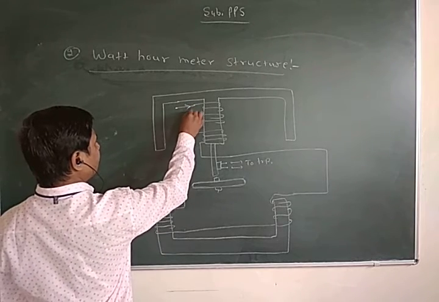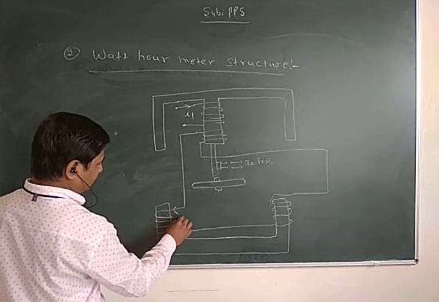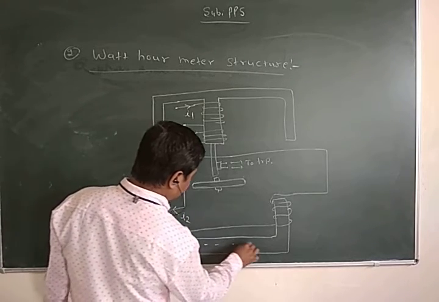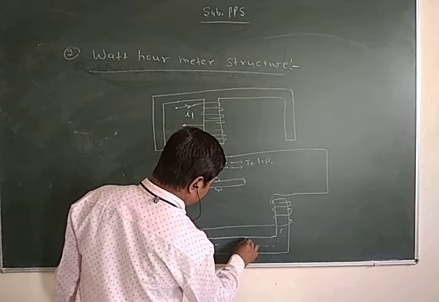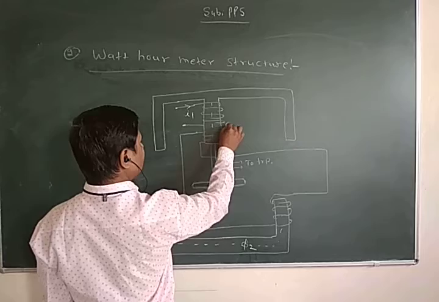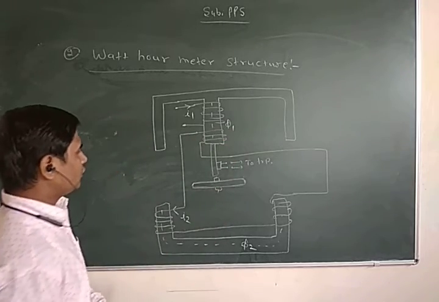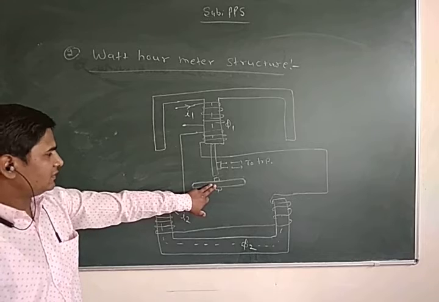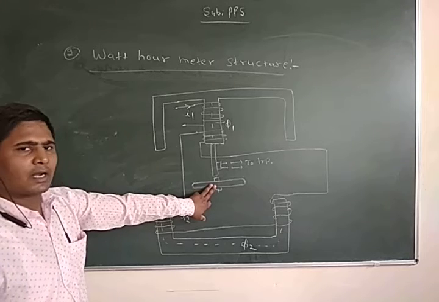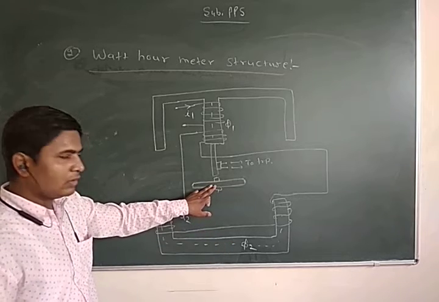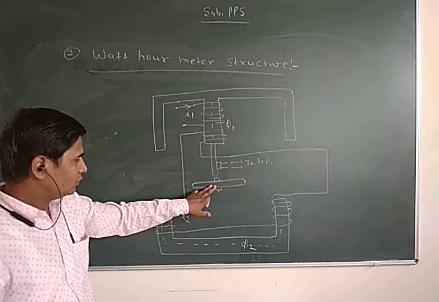Suppose current in one winding is I1 and in this winding current is I2. So flux in this winding is phi 2 and flux in this is phi 1. Due to flux phi 1, EMF in the disc is E1 and current is I1. Due to flux phi 2, EMF is E2 and current is I2.